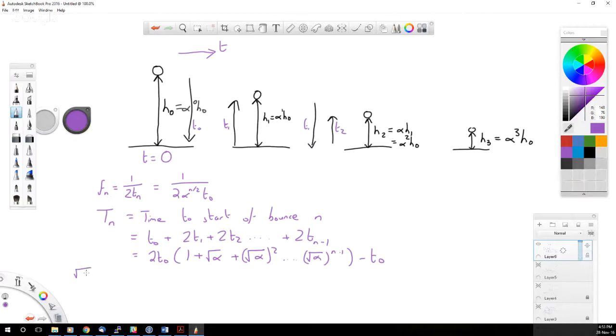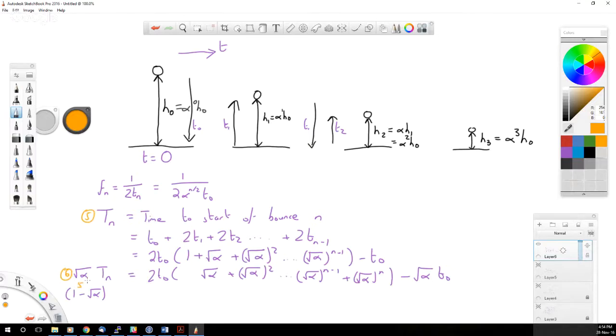Multiplying both sides again by the square root of alpha, we also get a plus root alpha to the power of n inside these brackets. So subtracting, I'll actually write this down, otherwise I'll get confused.